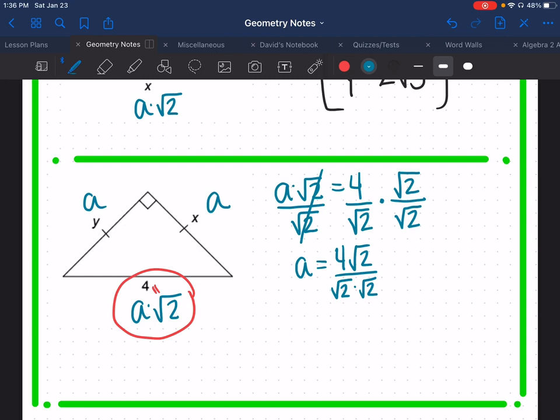No crisscrossing. The normal way you multiply fractions.